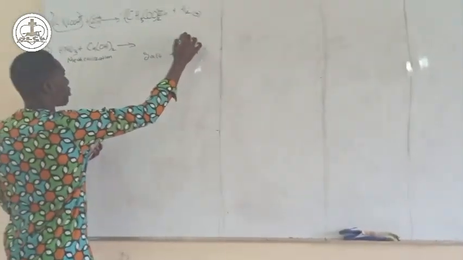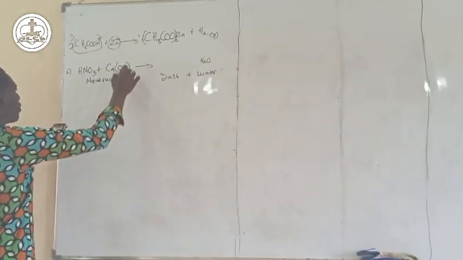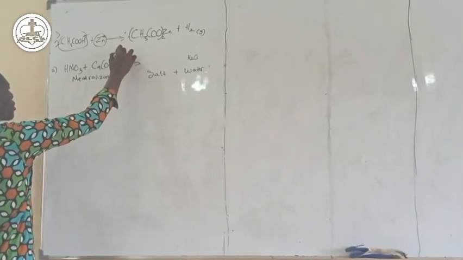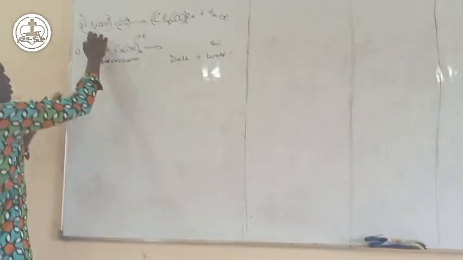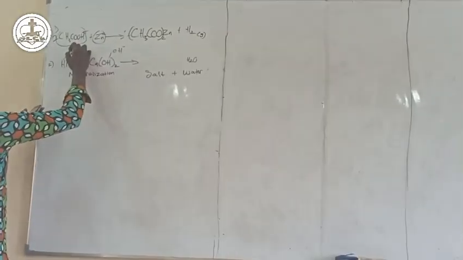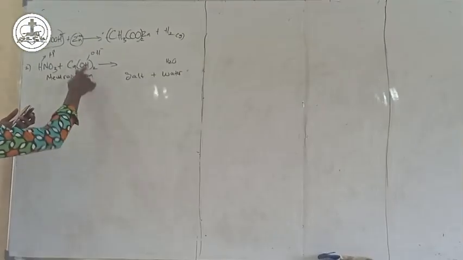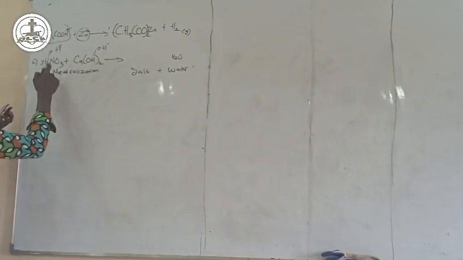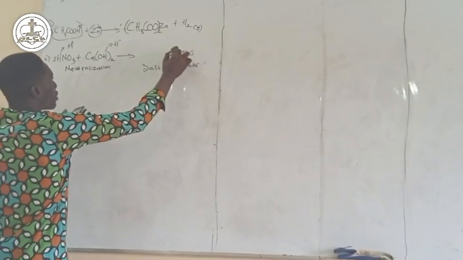If we write out water first, we know that to form water, one hydroxyl ion reacts with one hydrogen ion to form one molecule of water. We already have two hydroxyl ions here, so to balance it we put two here so that the hydrogen ions are two. So we have two molecules of water.